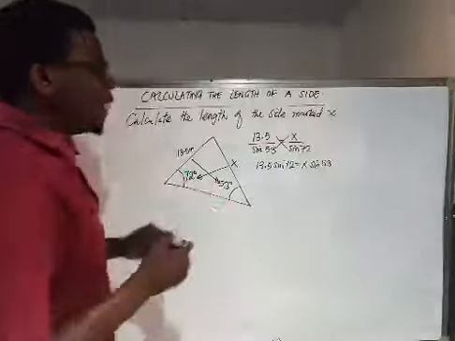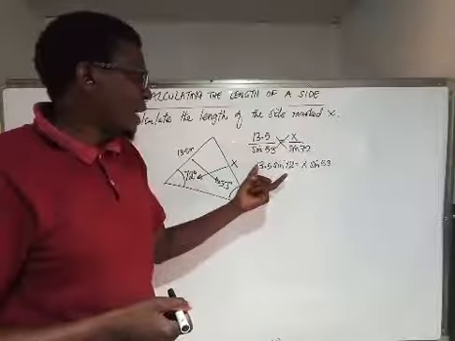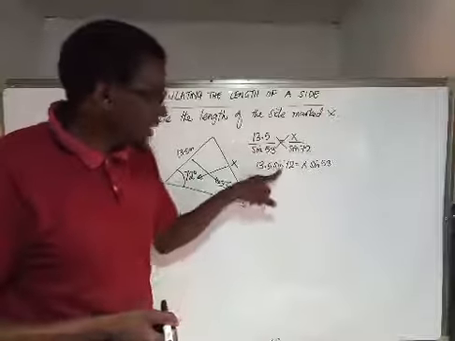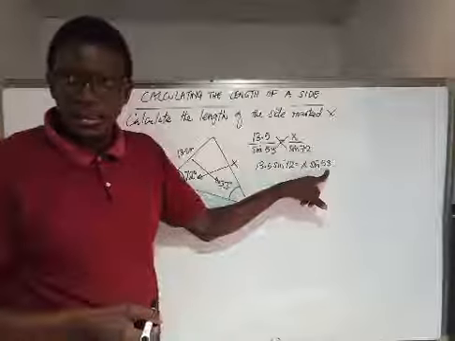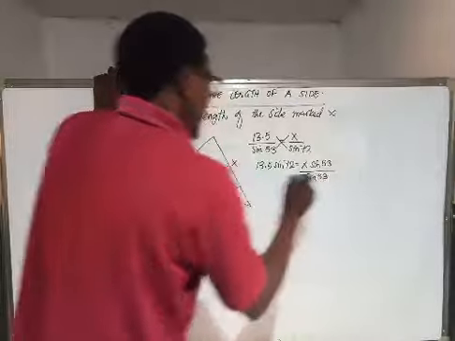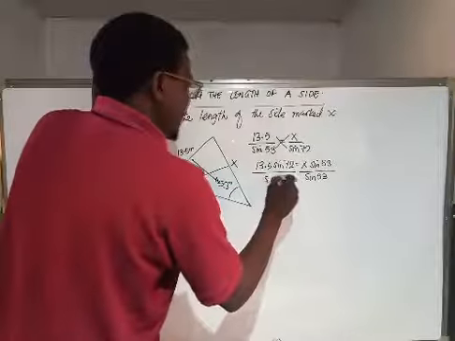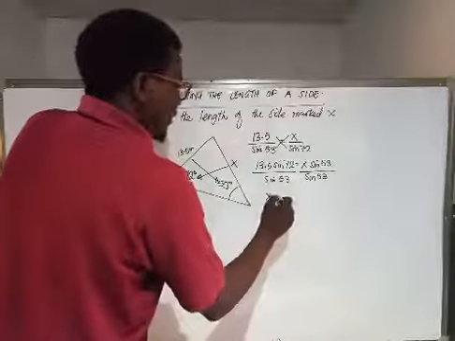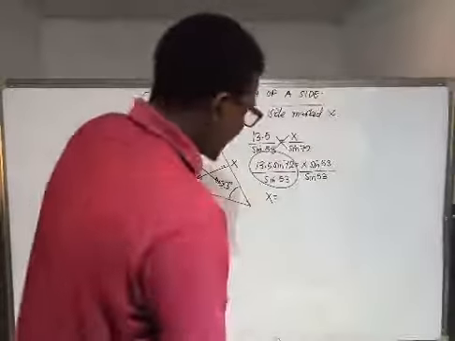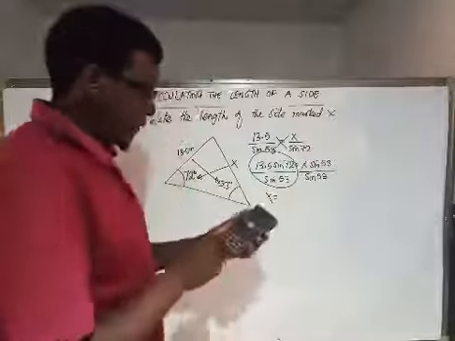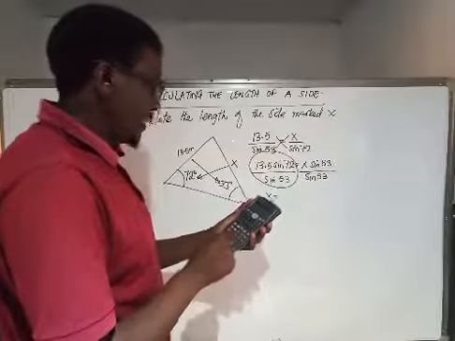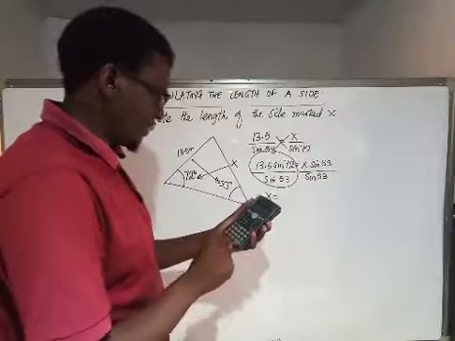Now look at how I'm arranging my expression. I am starting with the side, then the sine. Side, then the sine. So, divide by sine 53. My x here is going to be, I'm going to punch this on the calculator, 13.5 sine 72 divided by sine 53.